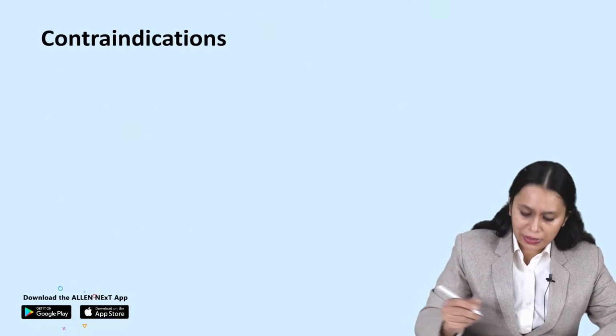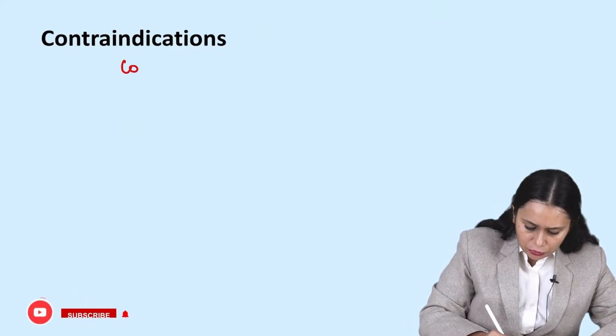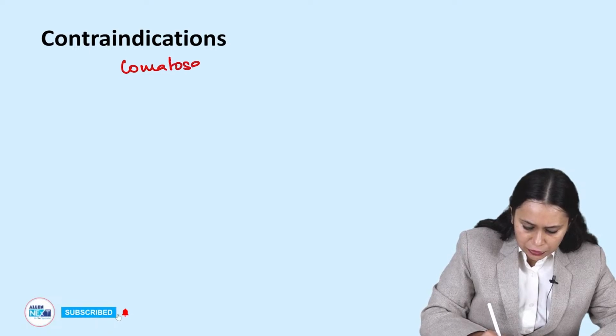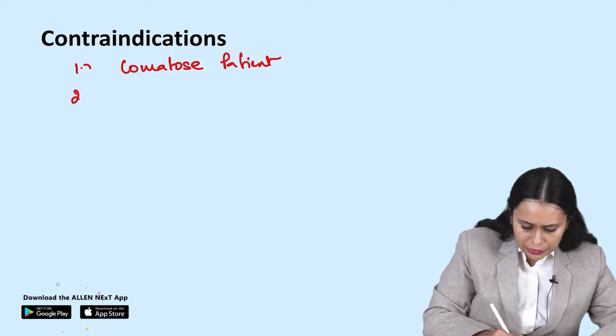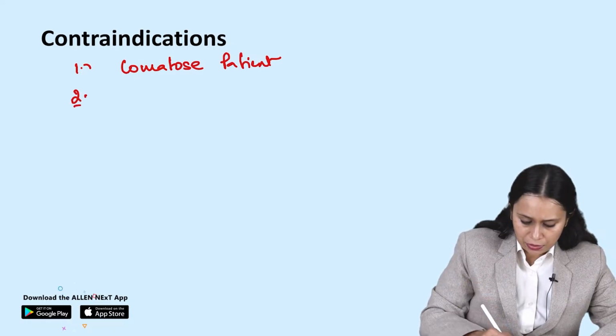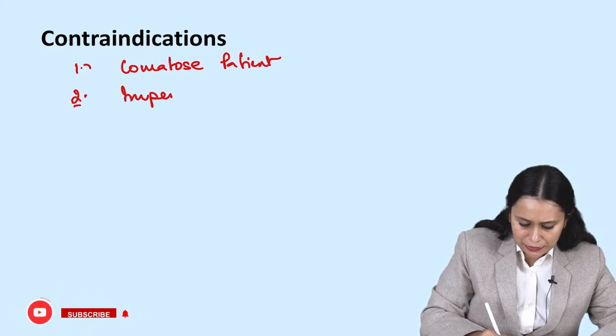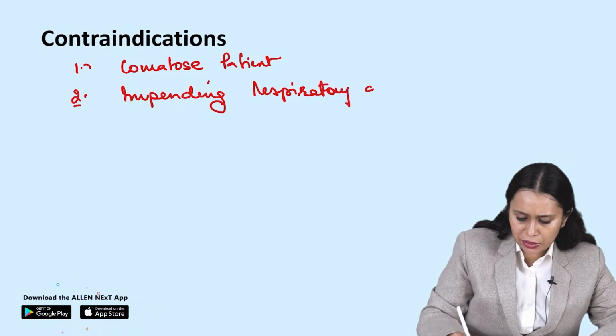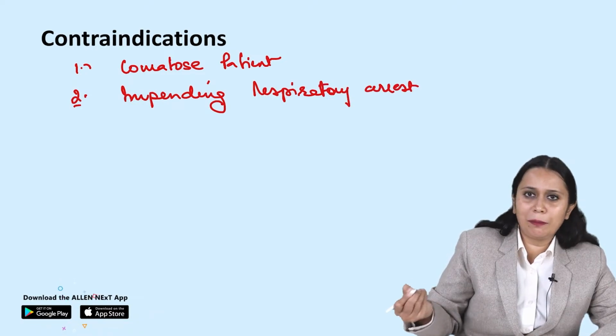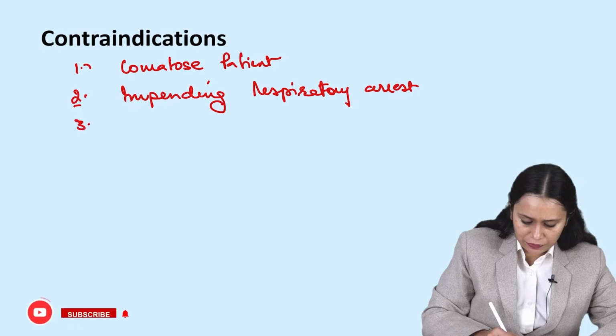Okay, so the contraindications are a comatose patient, inability, let's say impending respiratory arrest, where the patient is going into respiratory arrest. Now we cannot manage with non-invasive, we have to put the patient on invasive ventilation.